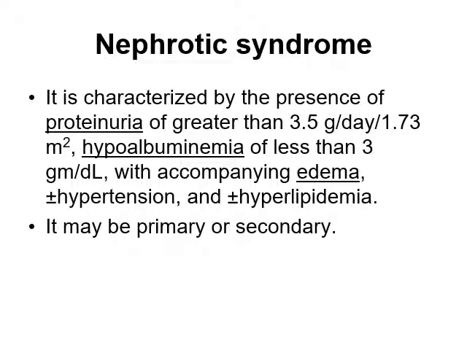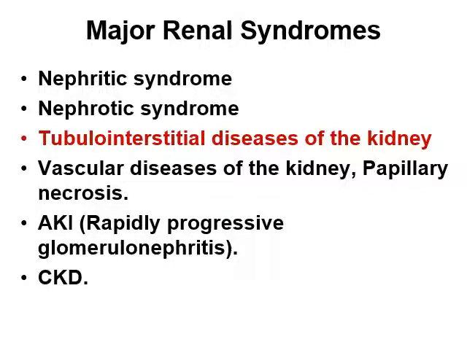Consequently, there will be hypoalbuminemia, and at the end of the day, there will be edema secondary to this hypoalbuminemia. So these are the three pathognomonic features for nephrotic syndrome, plus or minus hypertension, plus or minus dyslipidemia.